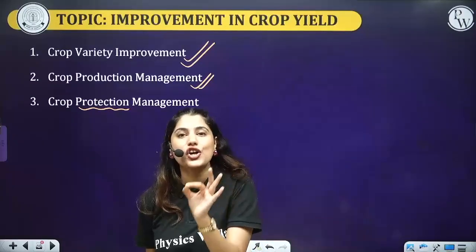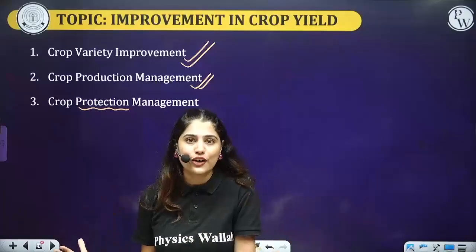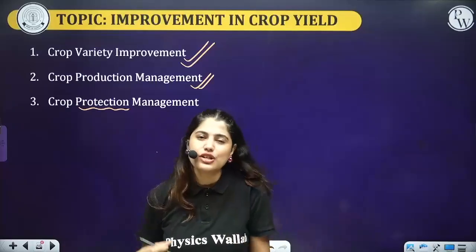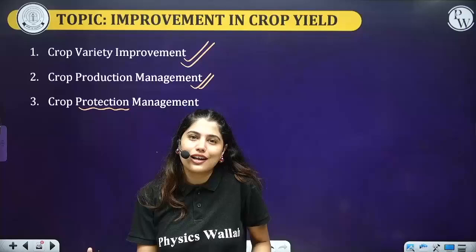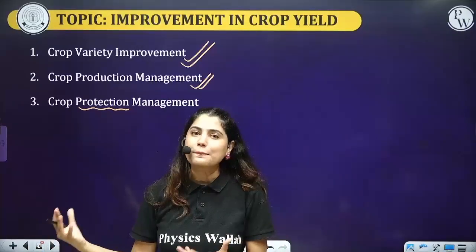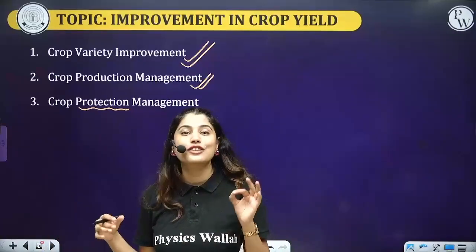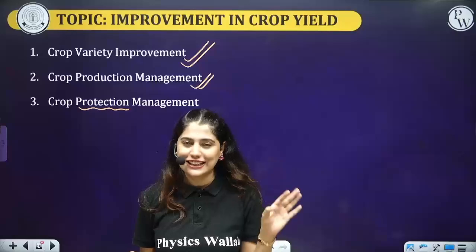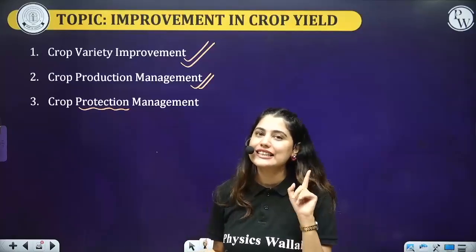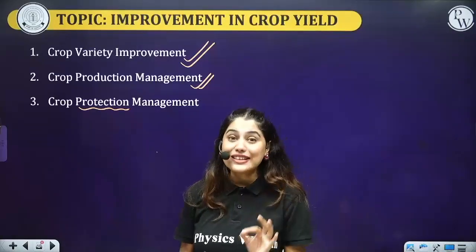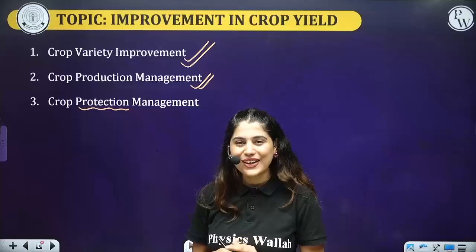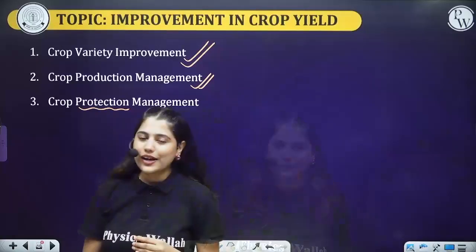Basically, we are nurturing our crops, taking care of them, giving them the nutrients and the particular water for their growth so that we have maximum yield. So let's discuss crop production management.